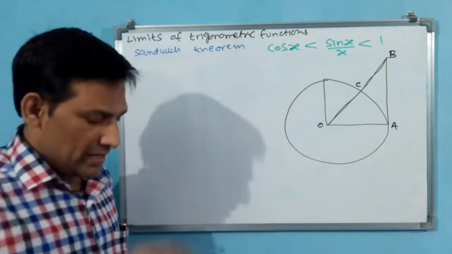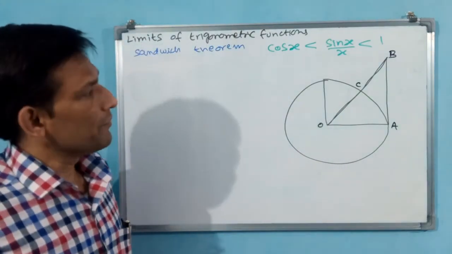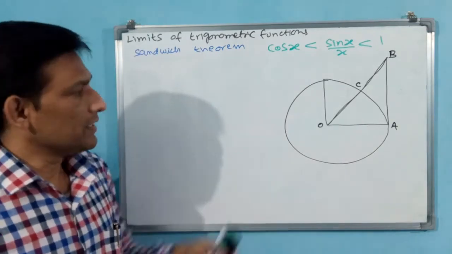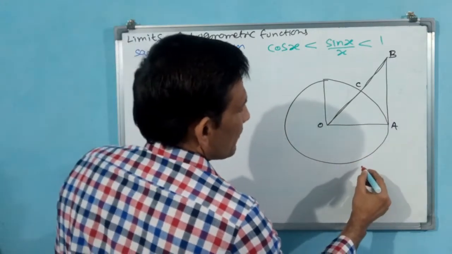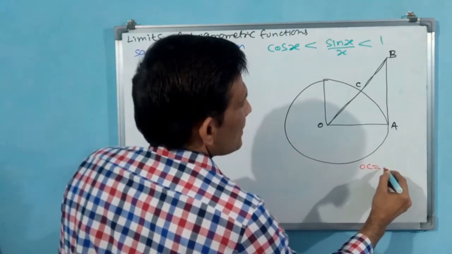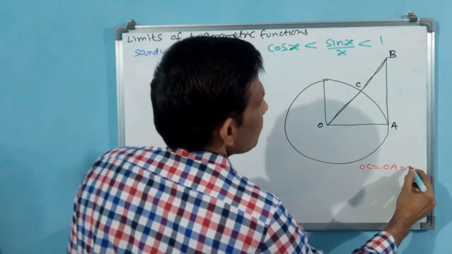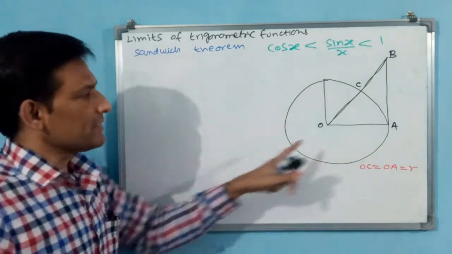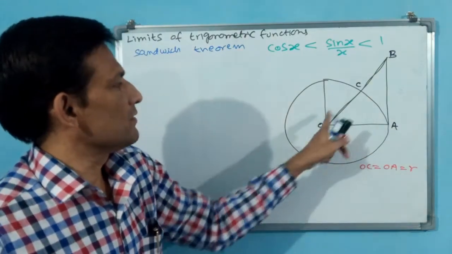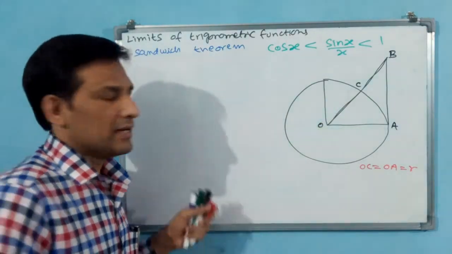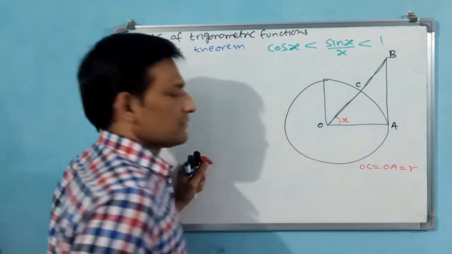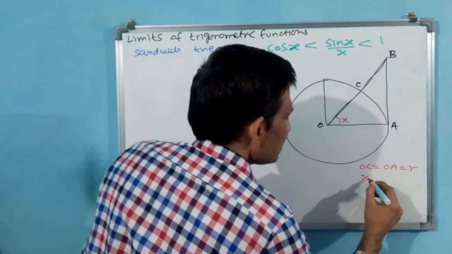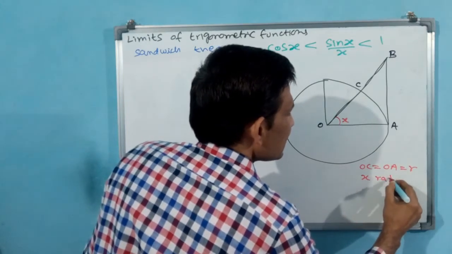See the circle here. OC is equal to OA is equal to R, the radius. OA is equal to radius, OC is equal to radius. We know very well this theta is x. X is in radians, angle x radians.